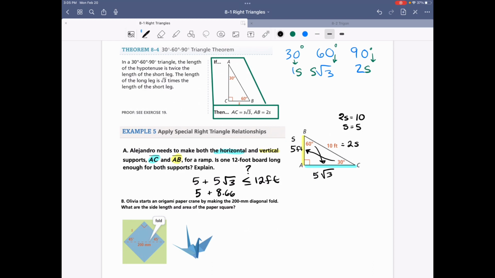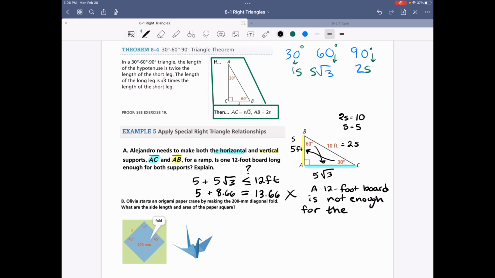Uh-oh, if I add 5 to that, it equals 13.66. So that's a problem, because that would be greater than 12. So a 12-foot board is not enough for the supports, the vertical and horizontal supports.